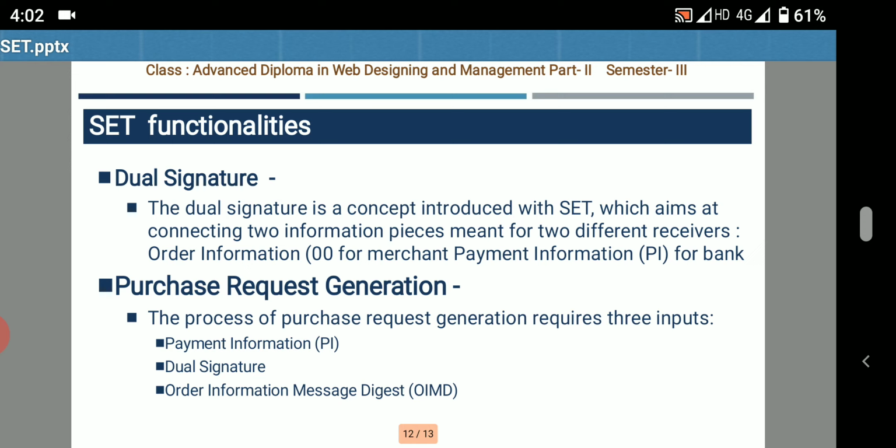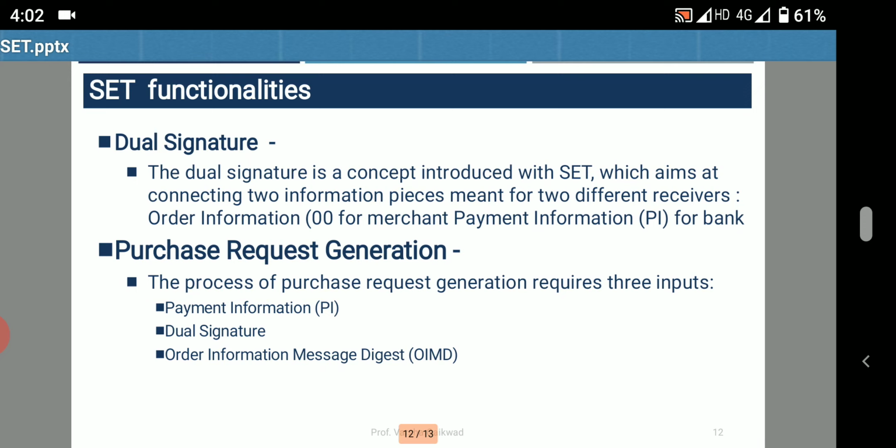Order information for the merchant, payment information, PI, for the bank. So what is dual signature? The main purpose of the dual signature is to link two messages that are intended for two recipients. In this case, the customer wants to send the order information to the merchant and the payment information to the bank.